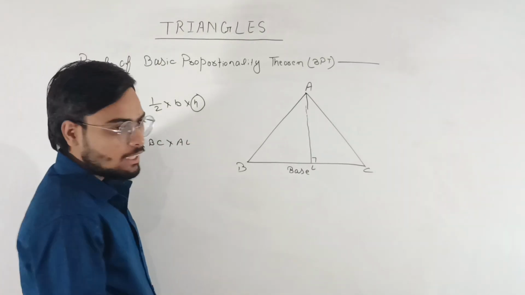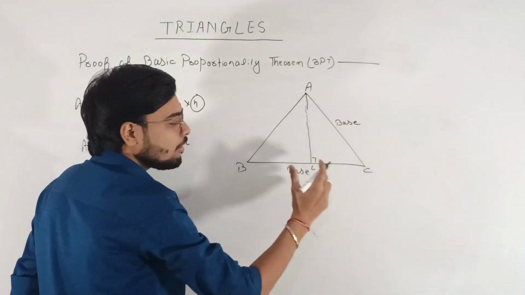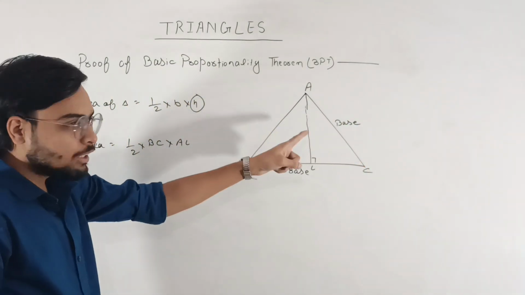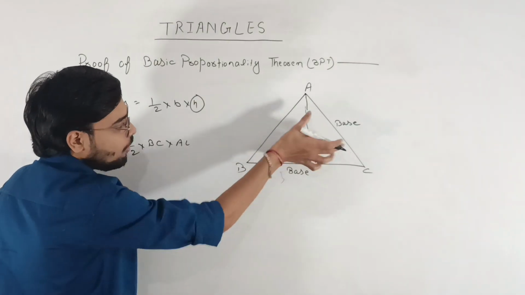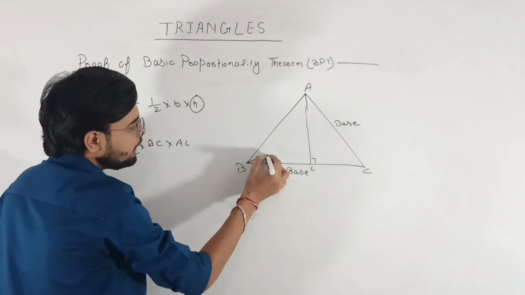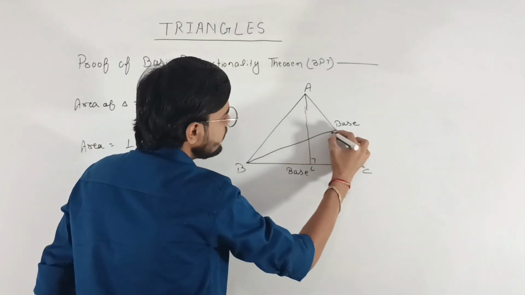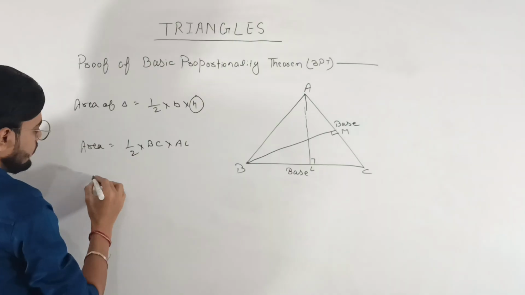Now suppose I take side AC as base. Then my height is the perpendicular drawn from the opposite vertex of the base. The opposite of side AC is vertex B. So I draw a perpendicular from B. Then this is BM. In this case BM is my height.